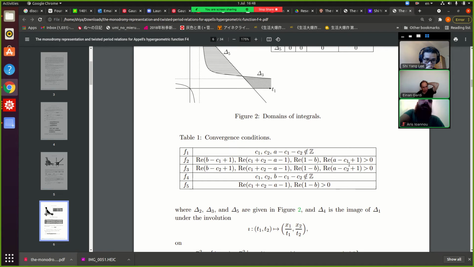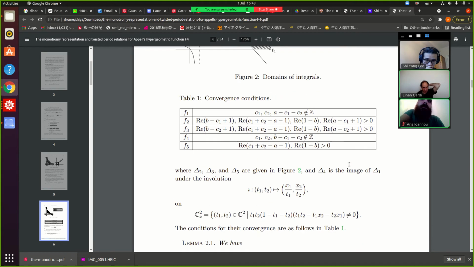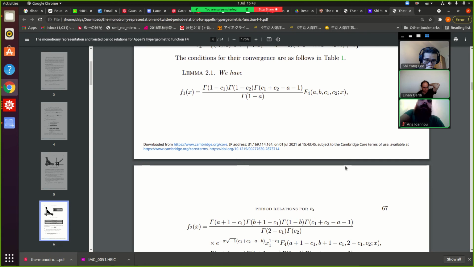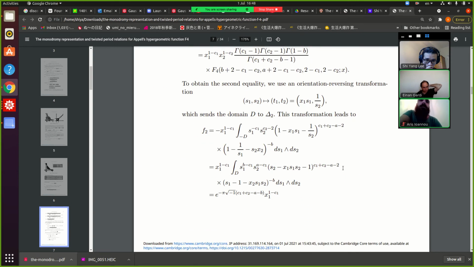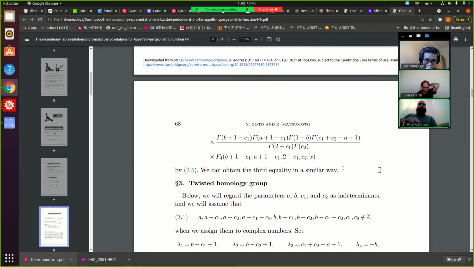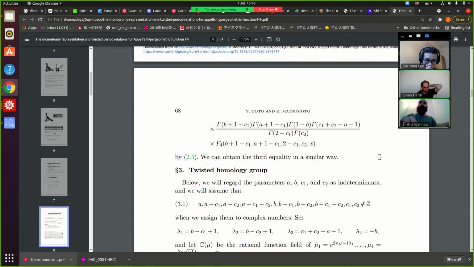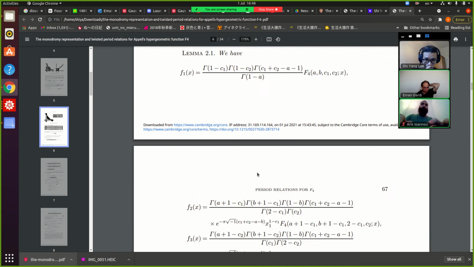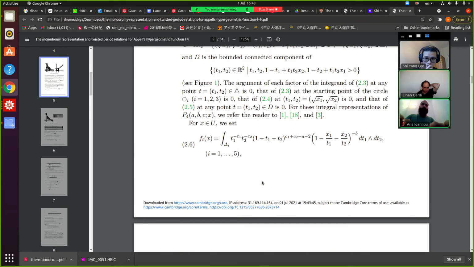So in 2.6, you have delta i, and these delta i's are described in figure 2. So which one of them are we interested in?